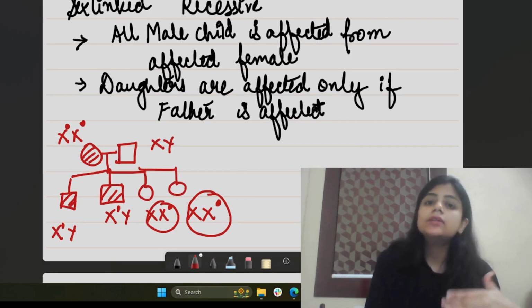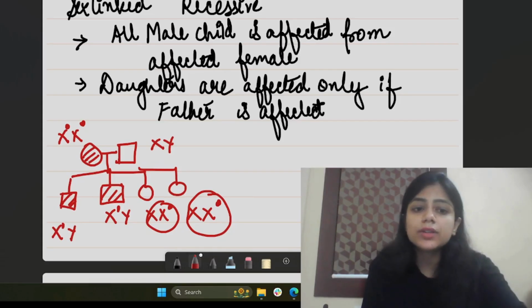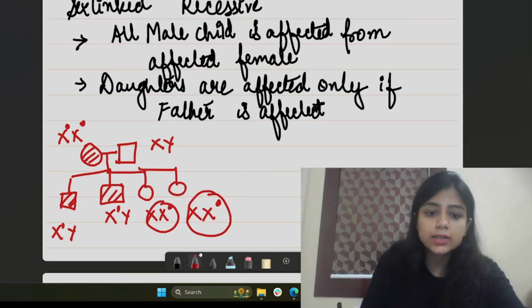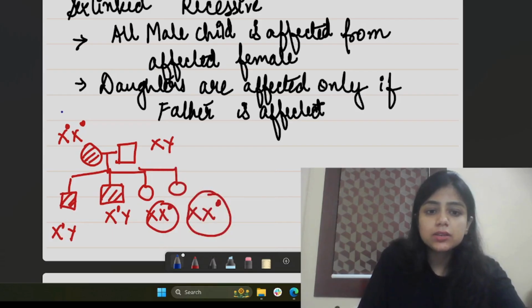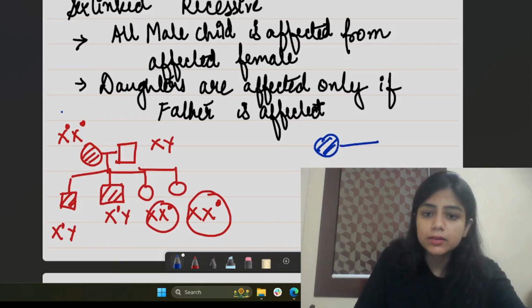Then only the trait will be visible. Suppose this was not the condition; let's see here. This one is affected, X dot Y, and suppose this is my normal one.